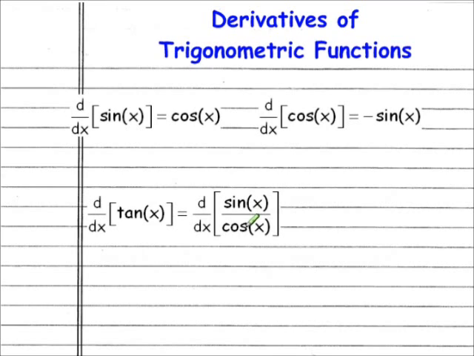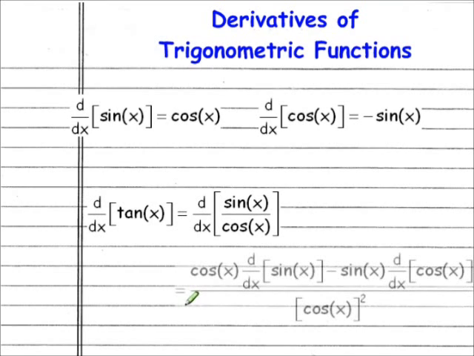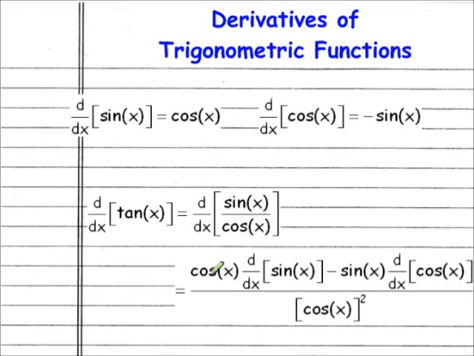And of course, the quotient rule would be take the denominator times the derivative of the numerator, and so on. So let's look at what we get when we use the quotient rule. We'll take the denominator of the quotient here times the derivative of the numerator, and then of course minus the numerator of the quotient, sine of x, times the derivative of the denominator.